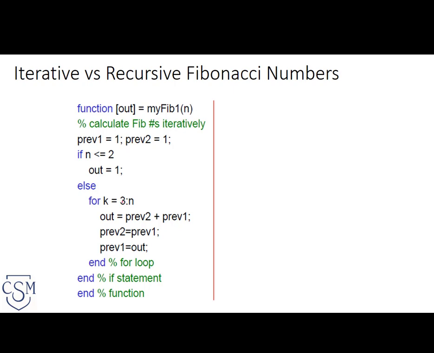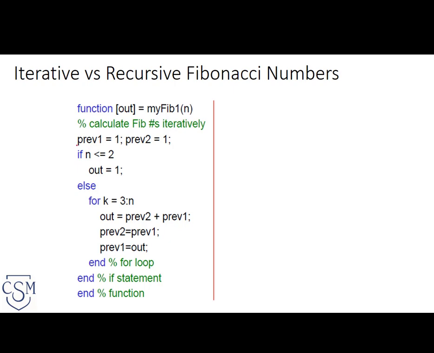But if we want to calculate the third or any higher, we're going to do our for loop, where we'll step from 3 to whatever n is. For the first time through the for loop, the output is previous 2 plus previous 1. So if this was the third one, we would be doing 1 plus 1, which would give us 2, which is our third Fibonacci number.